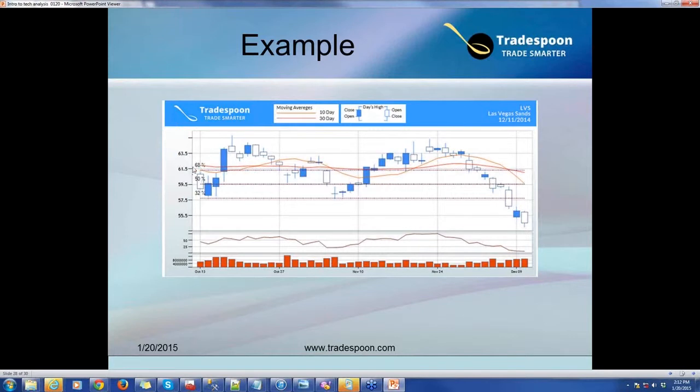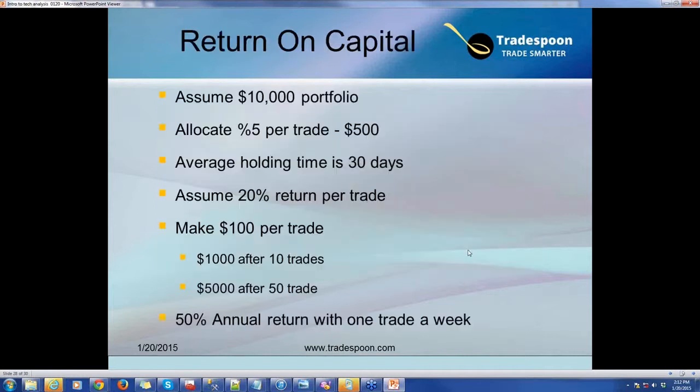And whether you use the 62% retracement or 68% retracement, these lines basically identify your major support and resistance levels. So if you look at this picture right now, you can see that this 57.5 price is the long-term overhead resistance, and unless Las Vegas Sands beat their earnings estimates, most likely they're not going to trade above that level.